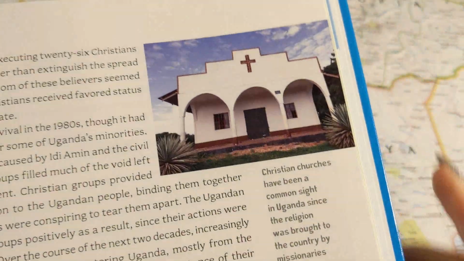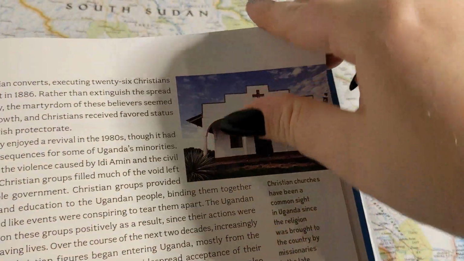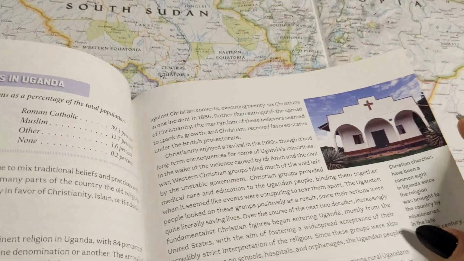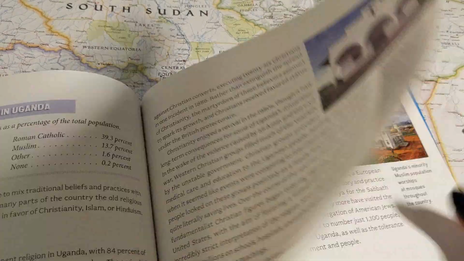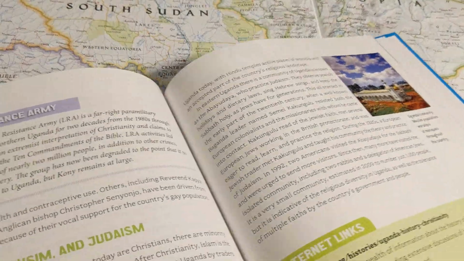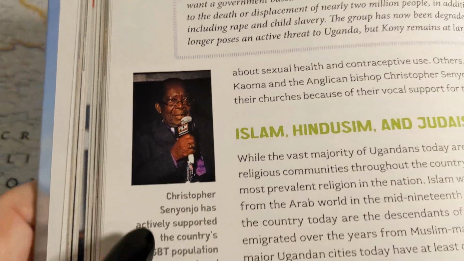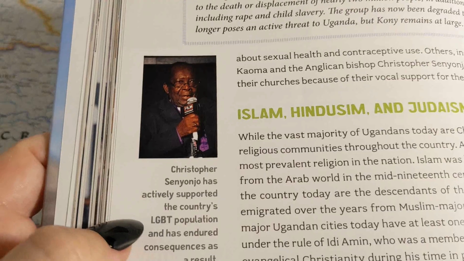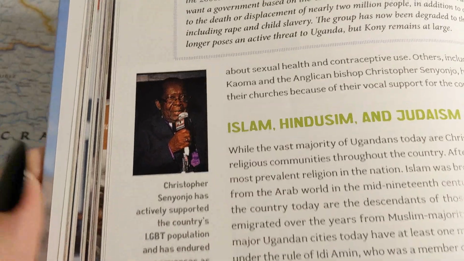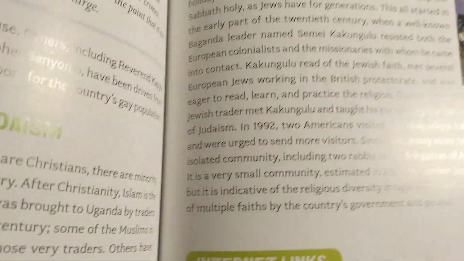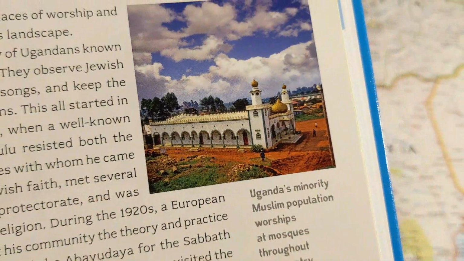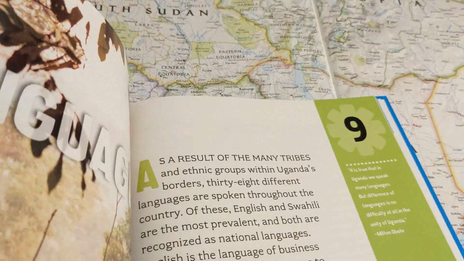Here we have a little church. Very tiny pictures in this book, isn't it? Very tiny. Let's see. This is Christopher Senyonjo, who supports the LGBT population. And there's a mosque. Tiny little picture of a mosque.